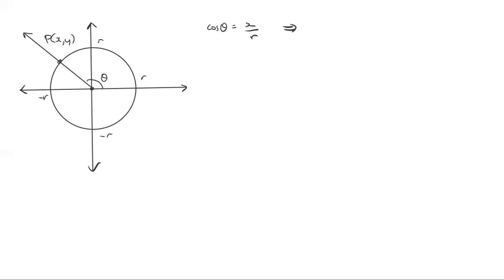So we just use negative x over r, but the x value is just. So my question is, what's the x coordinate of P? So let me ask you, is the x coordinate of P positive or negative? It's negative. Right. So cosine of theta is x over r, right? Yeah. So what's x?